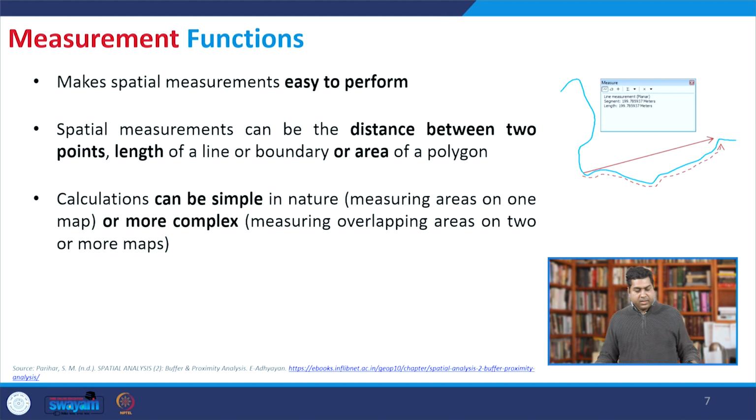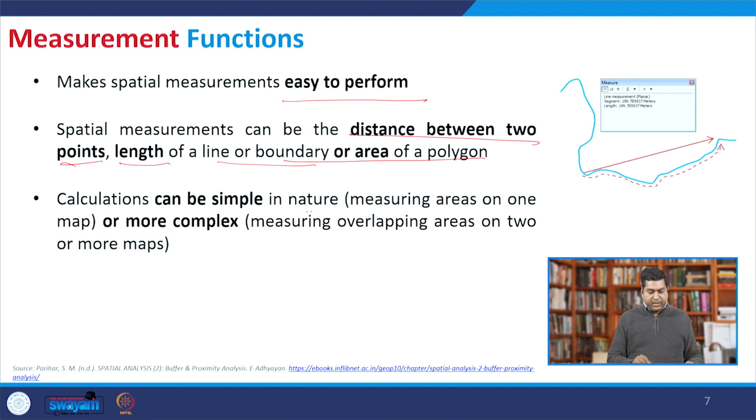This measurement function makes spatial measurement easy to perform. Spatial measurement can be the distance between 2 points, or you can take a line, a polyline, so the length of a line or boundary, or even the area of a polygon. So this is something that we can do very easily.